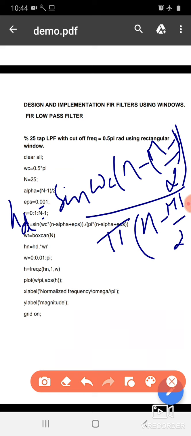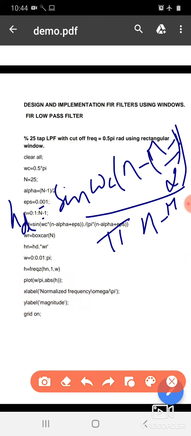The same equation is represented here. Instead of m minus 1 by 2 or n minus 1 by 2, we take alpha, already initialized. We have to use that plus the increment of each sample, that is EPS, which we add for both the functions.